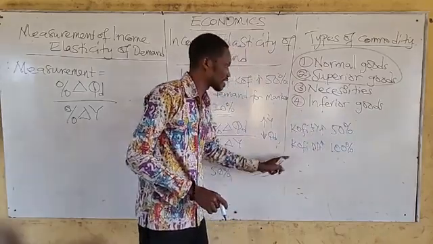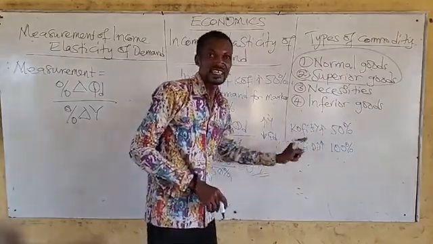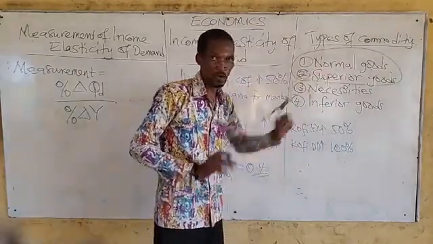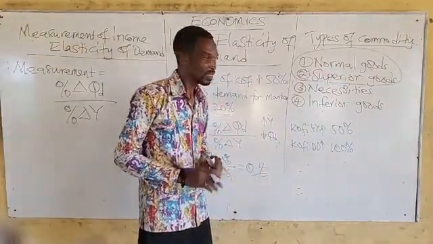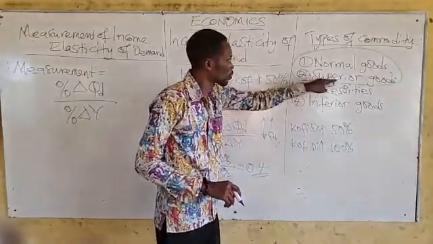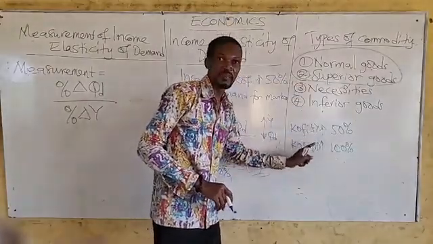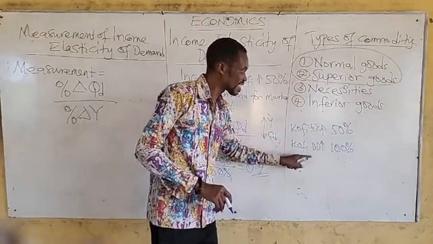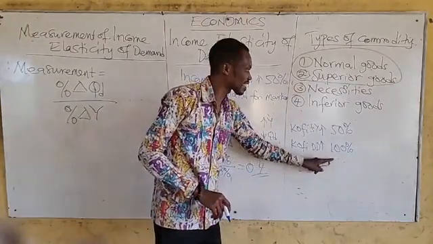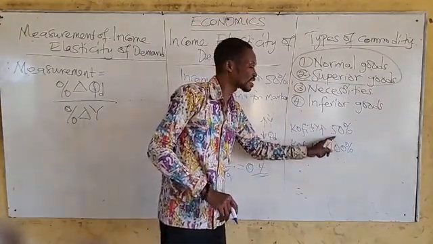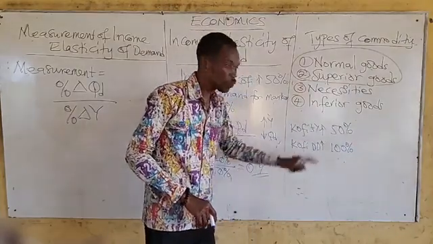But the increase in the demand was less than the increase in the income. That will give us normal commodity. In the second scenario, for the superior commodity, both the income and the demand increase. But in this case, the increase in the demand is rather greater than the percentage increase in the income. The result will be more than 1.